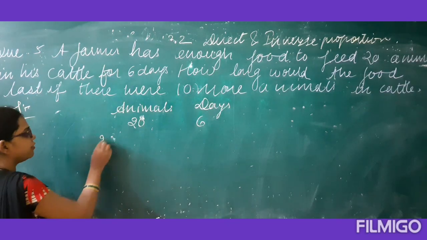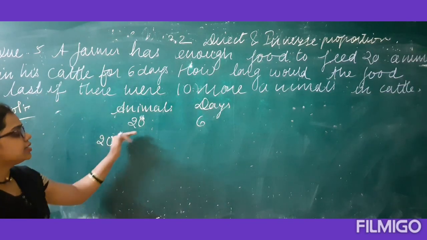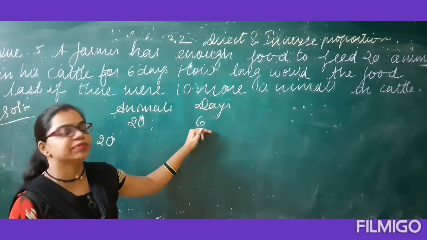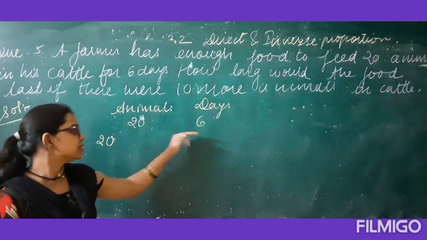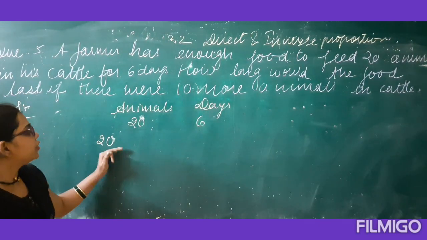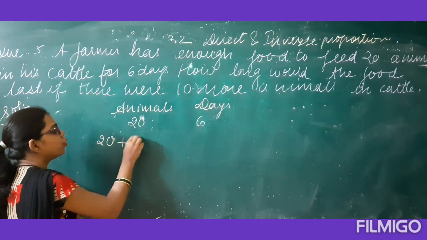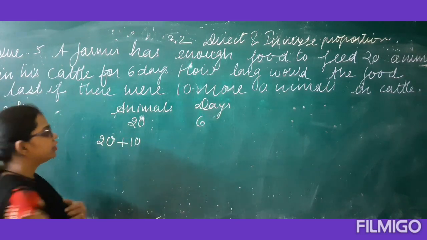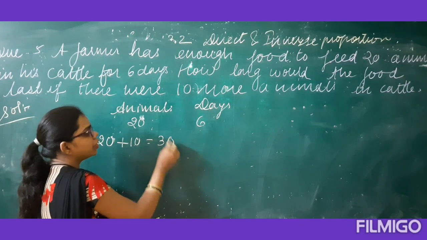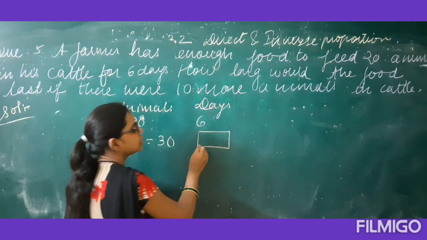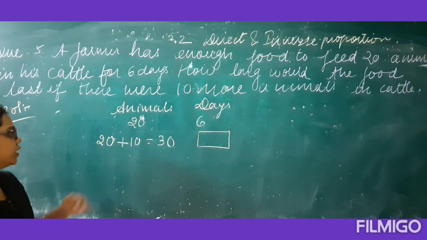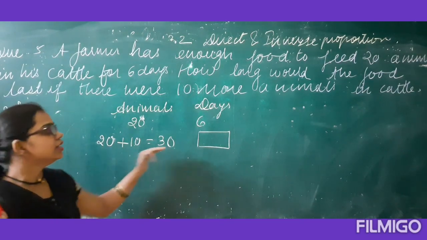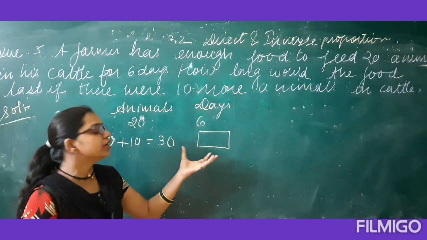Means already he has 20 animals and sufficient food for these 20 animals, and this will last for 6 days. But what will happen if he increases 10 more animals? The total here will become 30. So for how many days will that food last? You know that if I increase the number of animals, the animals will consume more food.